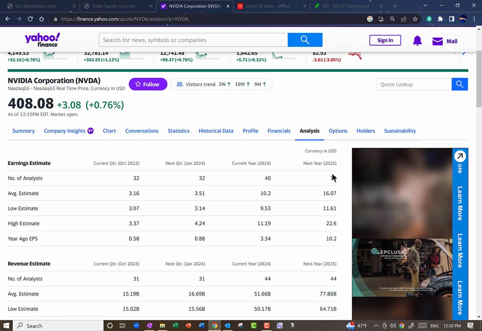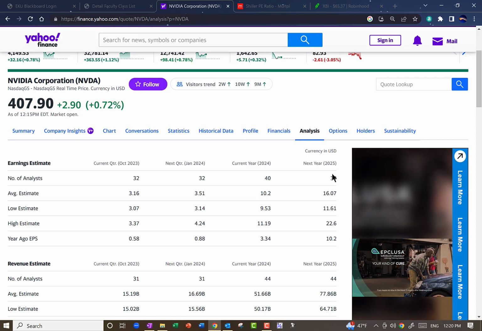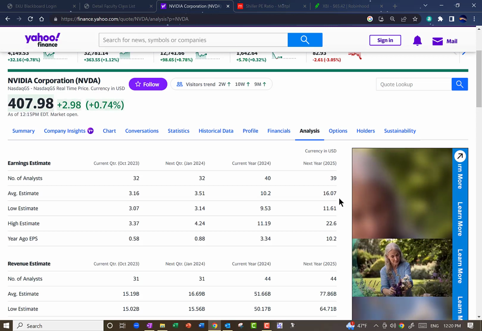NVIDIA has a fiscal year that ends at the end of January. So 2025 means January 2025. So they're expecting about $16.